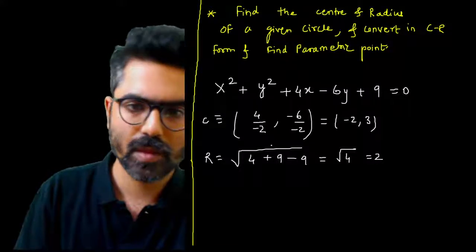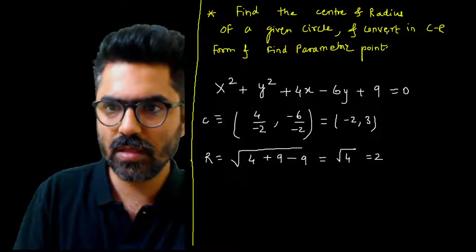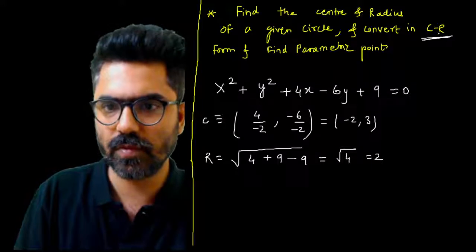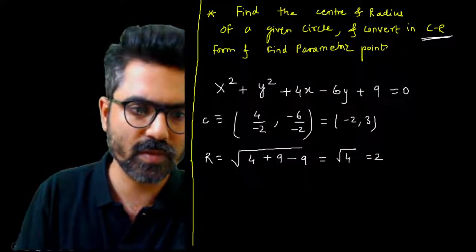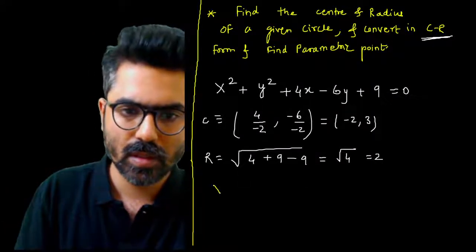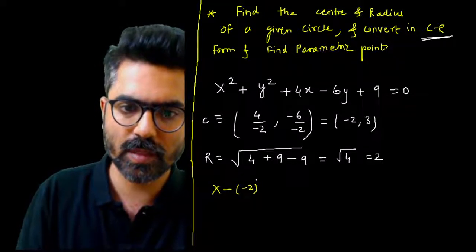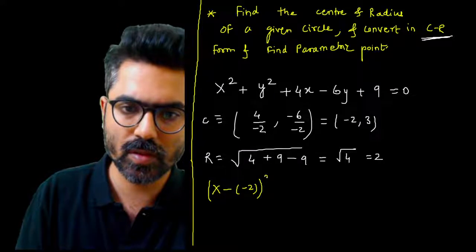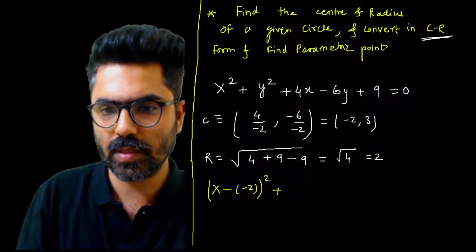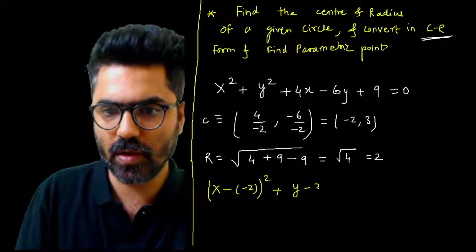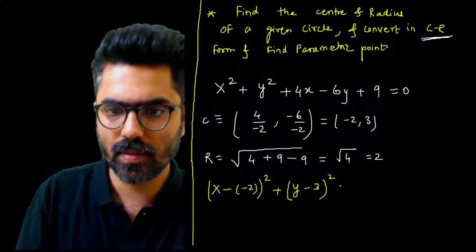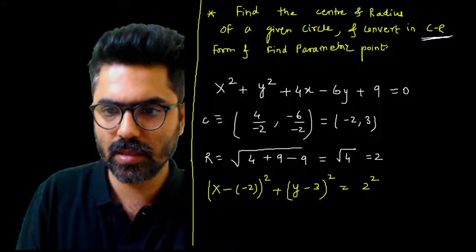Now we have to write this in the center radius form. How to write this in center radius form? See, x minus the x coordinate of center, whole square, plus y minus the y coordinate of center, whole square, is equal to radius square.